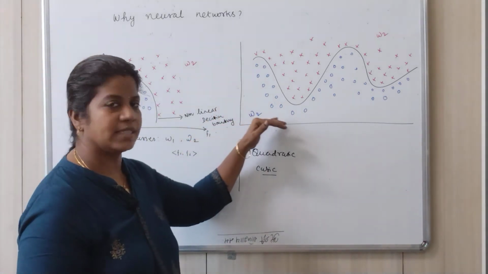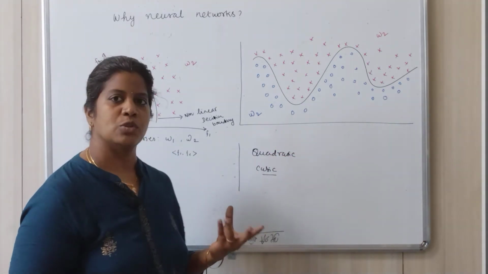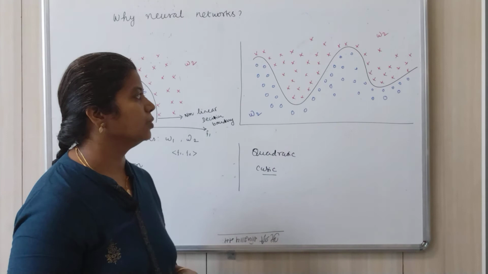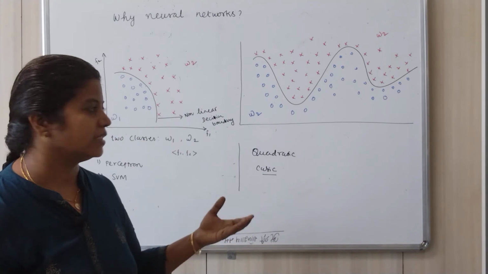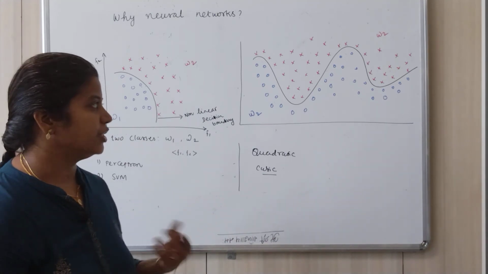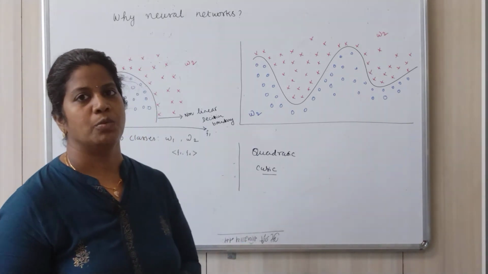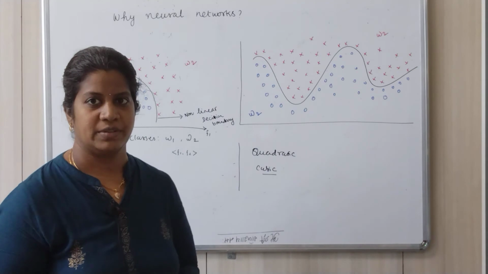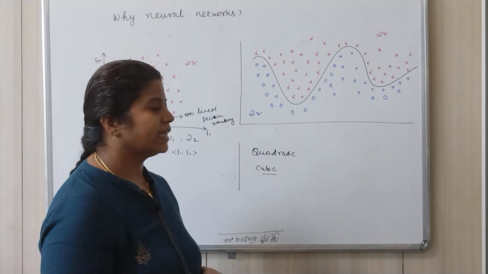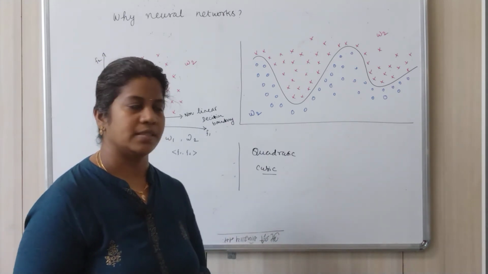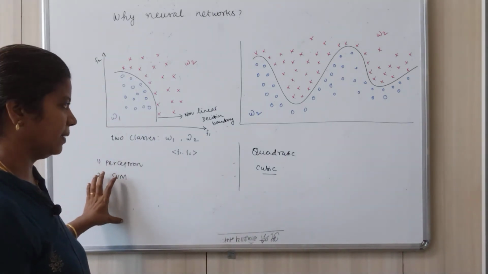If we want to extend to more than two classes, then the problem becomes too complex, and we cannot arrive at a convenient mathematical expression to represent such a complex non-linear decision boundary that can work for more than two classes. For example, with 50 classes or 100 classes, such complicated non-linear decision boundaries become quite complex in the case of perceptron and SVM.